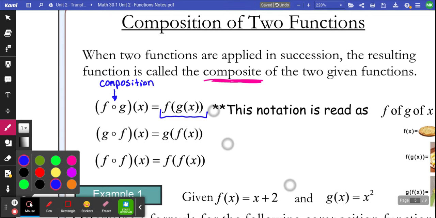Instead of f of x, they changed x to be g of x. It's a function inside of a function. You could write it the other way too. If you wrote g of f of x, that means f of x is inside of g of x.